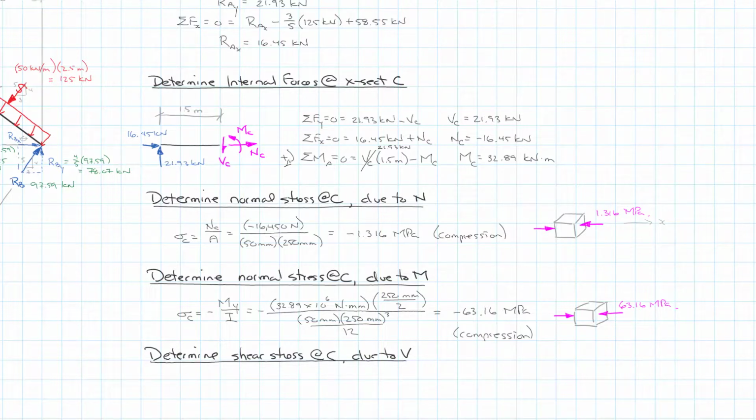We know that Q varies from a maximum at the neutral axis to 0 at the extremes. And the shear stress is proportional to Q. So where Q is equal to 0 at C, therefore we can say tau is equal to 0. If we were at some other point on the cross-section, we would have to calculate Q for that point on the cross-section and determine what tau would be as a result of that using our VQ over IT.